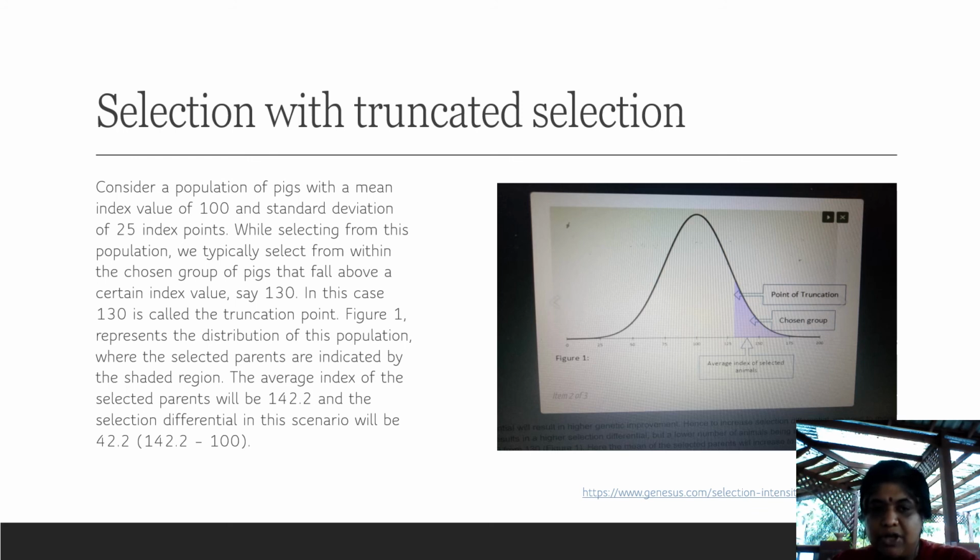This is what we call the truncation point. In the distribution of this population, the selected parents are indicated by the shaded region. The average index of the selected parents will be 142.2. So the selection differential: the mean is 100, so 142.2 minus 100.